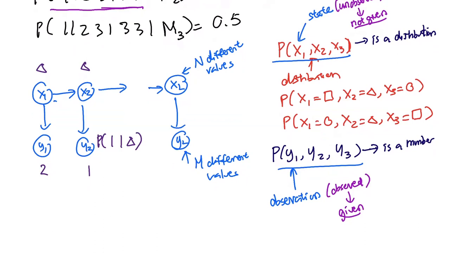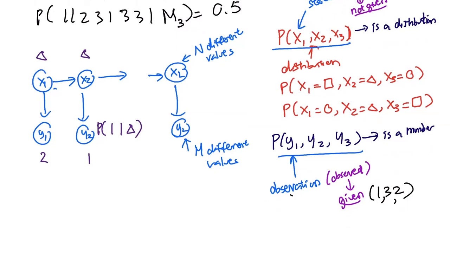But in your mind, you could think, okay, I know y1, y2, y3 is given, so let's just say that is 1, 3, 2. Again, I don't want to be so dedicated to a specific state that I can't use this problem for anything else. So now, instead of writing this variable placeholder y1, y2, y3, I can write the probability of 1, 3, 2. So now does it make more sense why this is a distribution and this is a number?